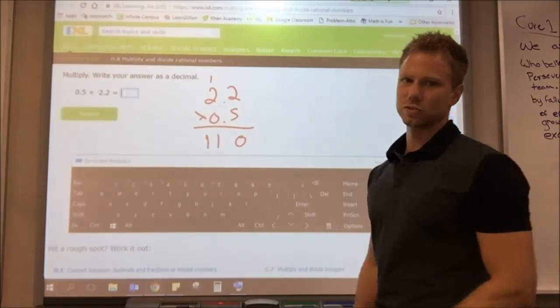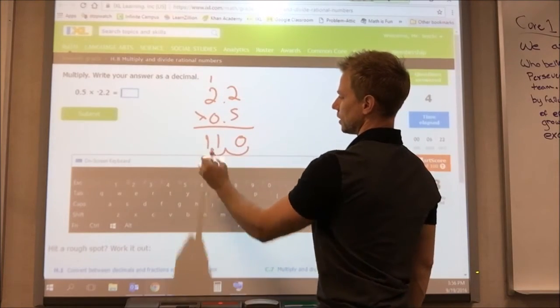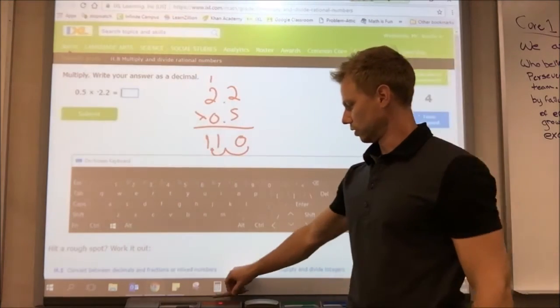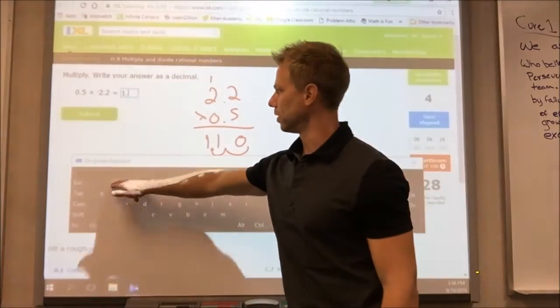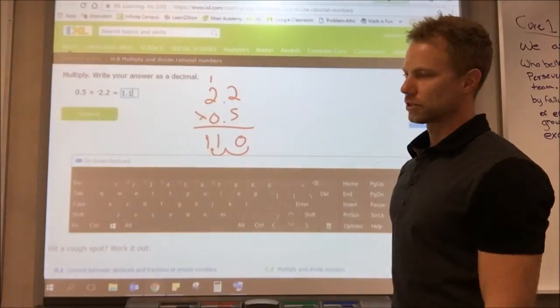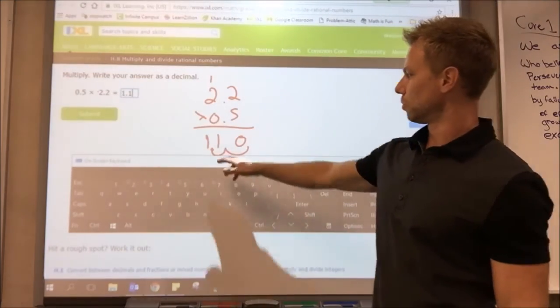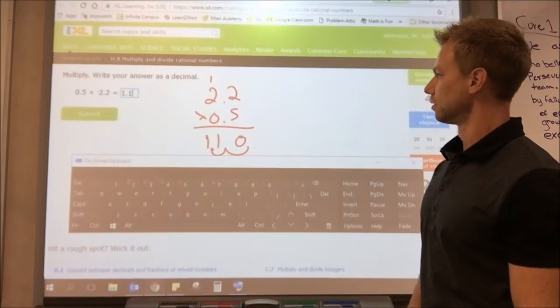So I don't even have to do the second row. I have 2 numbers behind the decimal, so I move my decimal twice, and I just get 1.1. I could put 1.10, but those zeros on the end, behind the decimal, don't mean anything. So I can just leave them off.